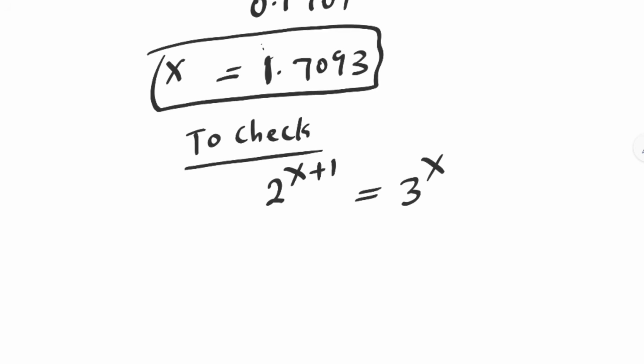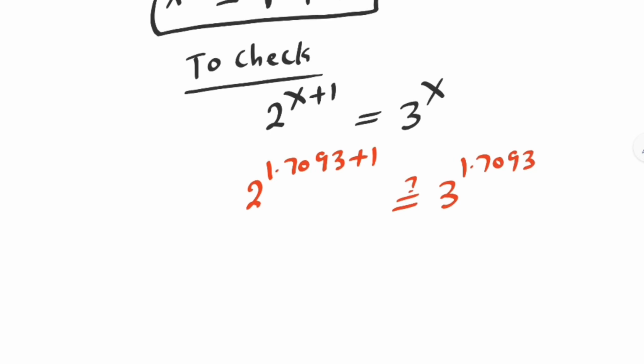Then if x is 1.7093, we have 2 raised to power 1.7093 plus 1 must be equal to 3 raised to power 1.7093. Then here, 3 raised to power 1.7093 is approximately equal to 6.5, which is the right hand side.